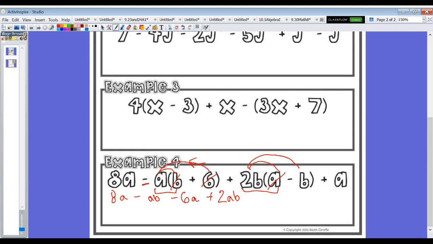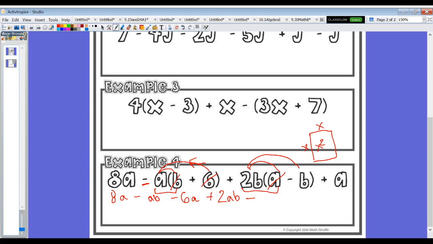Now this second part, I'm going to have a negative. I'm taking 2B and I'm multiplying it by a B. Now here, I can do something. Remember what we were talking about when I looked at algebra tiles, and I was saying I had an x squared algebra tile. That meant I had an x times an x.